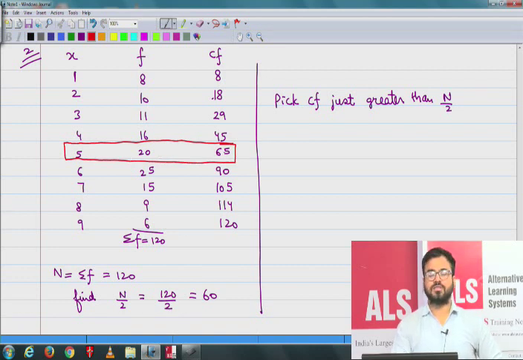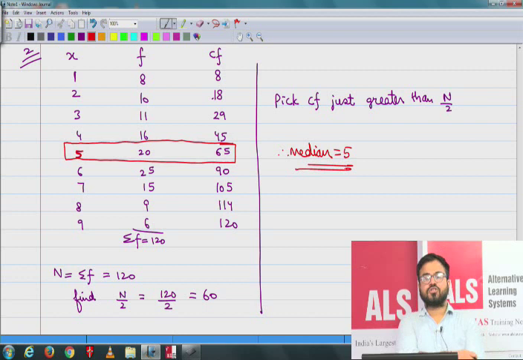Corresponding to 65, what is the x value? It is 5. So this 5 is known as the median. Now you can say that 50% of the students got marks less than 5 and 50% got greater than 5.